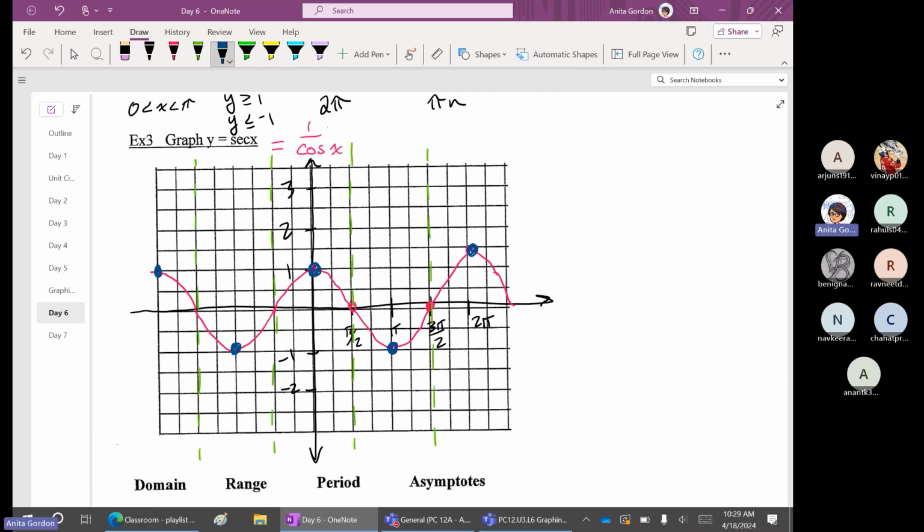And then going off of the starting point, as cosine gets close to 0, secant is going to go in the opposite direction. Just like before. So this is good.